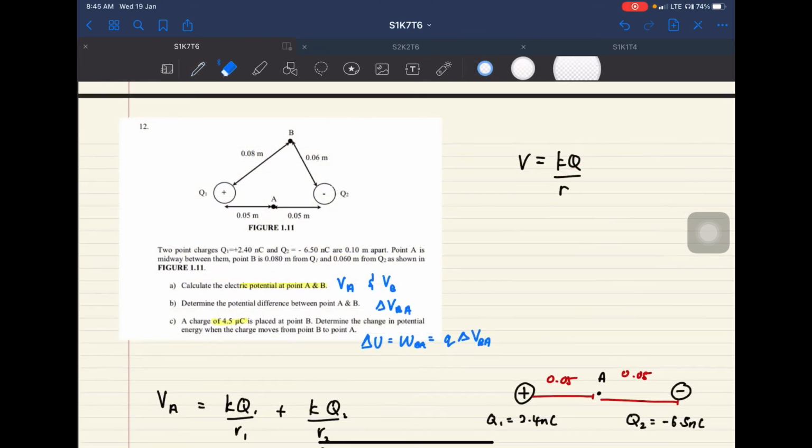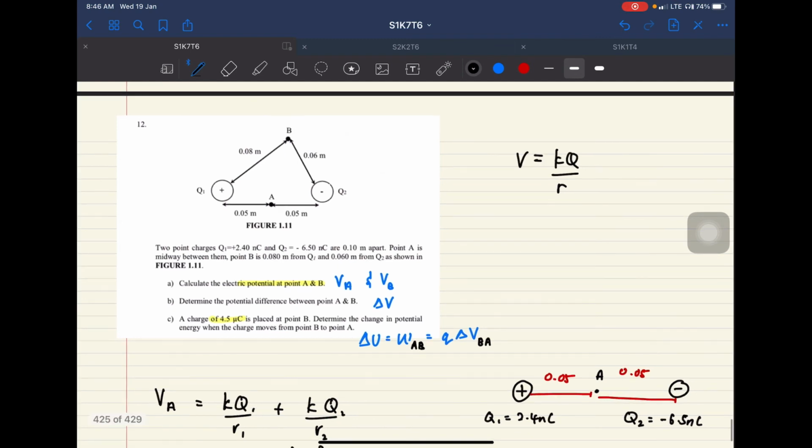Okay, for question B, they want to determine the potential difference between point A and point B. And for question C, actually, they want to find if the charge moves from B to A. So just now, I think I did this one wrongly. I have to correct this one. So basically, from B to A, so A minus B. So this one also I have to do BA as well.